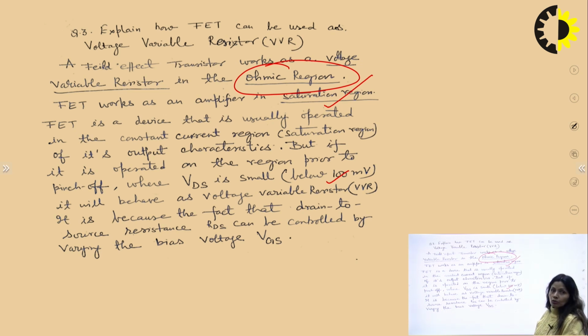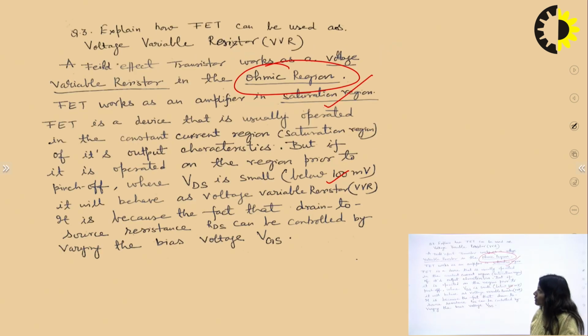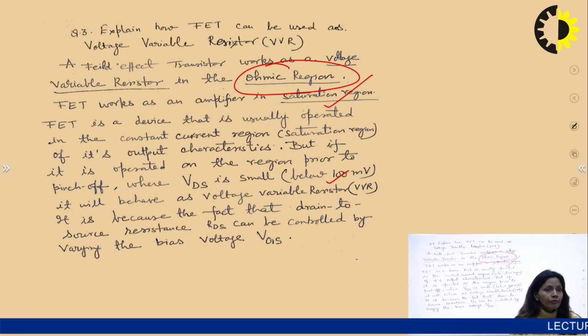So this is the way to answer this question. The FET is working as VVR in the ohmic region and it is working as an amplifier in the saturation region.